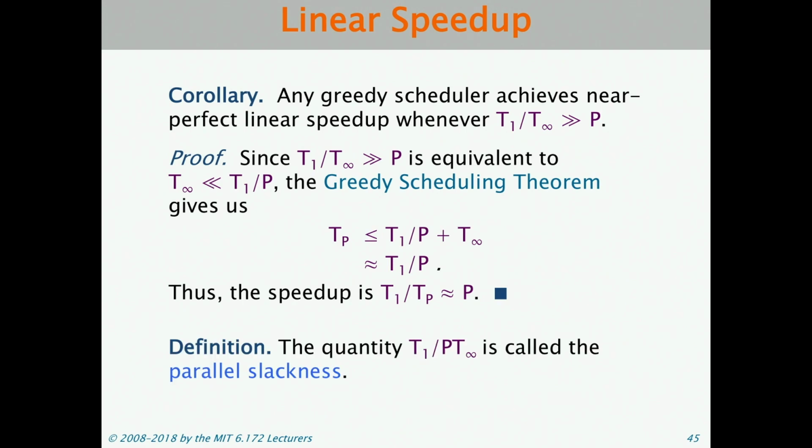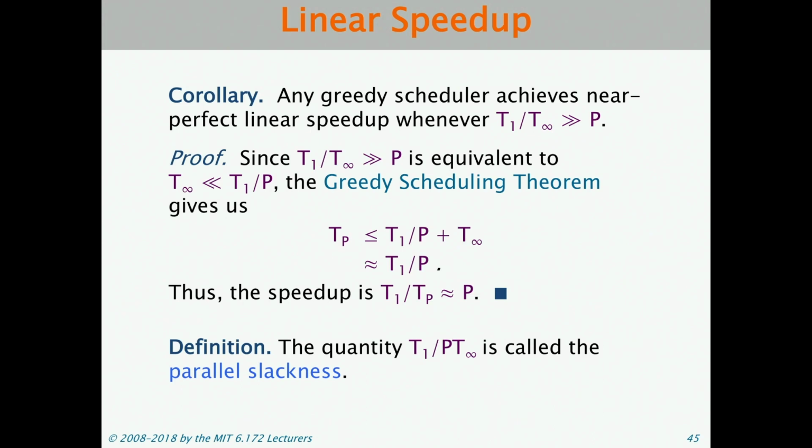The quantity T1 divided by P times T infinity is known as the parallel slackness. So this is basically measuring how much more parallelism you have in a computation than the number of processors you have. And if parallel slackness is very high, then this corollary is going to hold, and you're going to see near linear speedup. As a rule of thumb, you usually want the parallel slackness of your program to be at least 10.